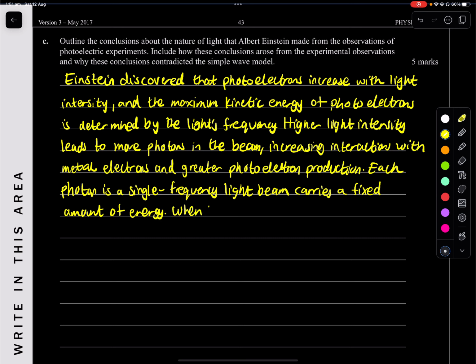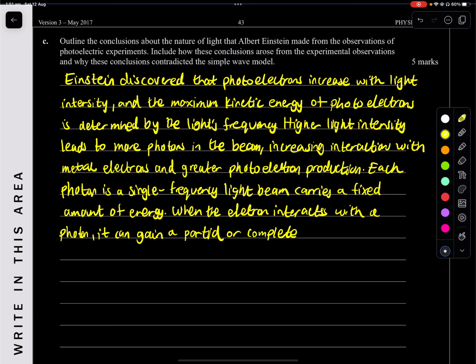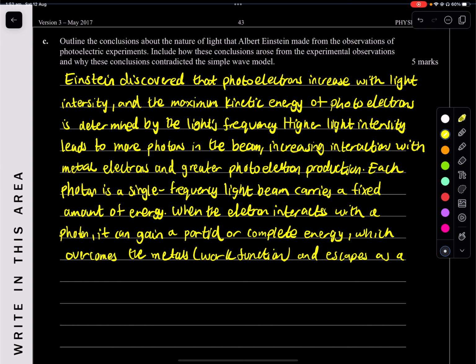So when an electron interacts with a photon, it can gain a partial or complete amount of energy, which overcomes the metal's work function, and it escapes as a photoelectron.